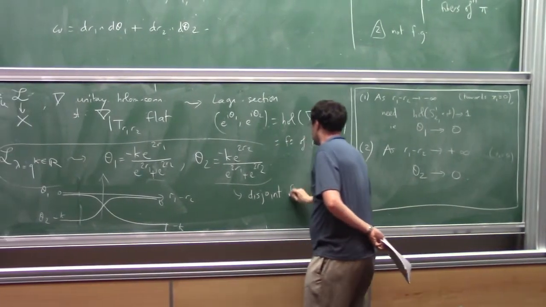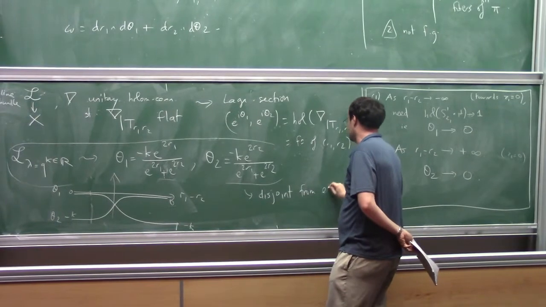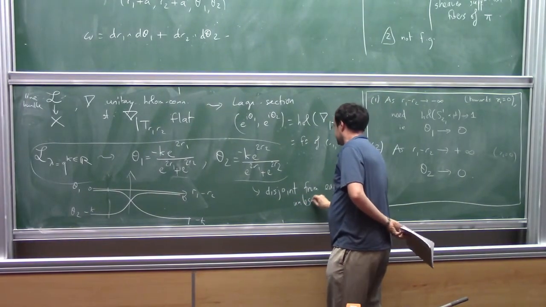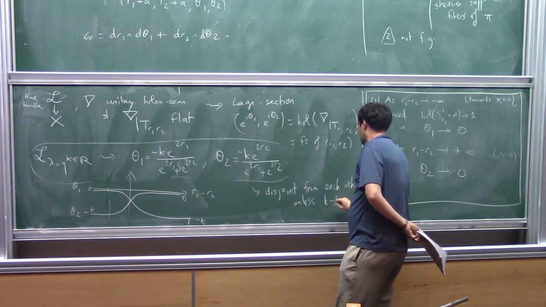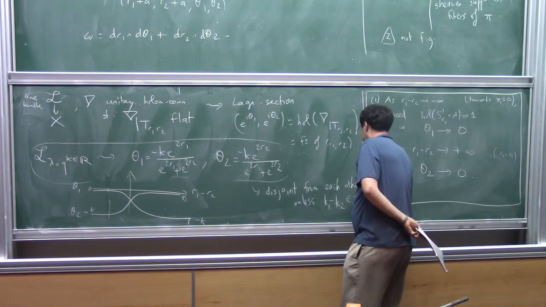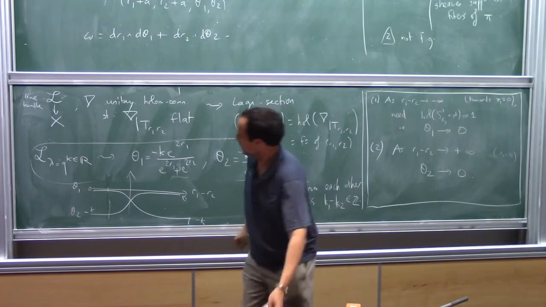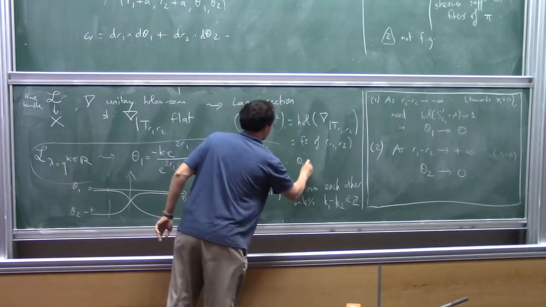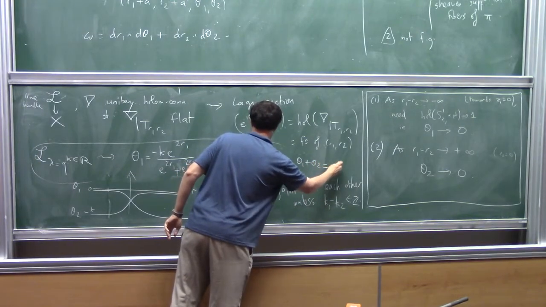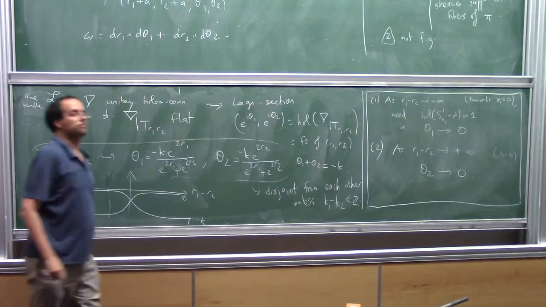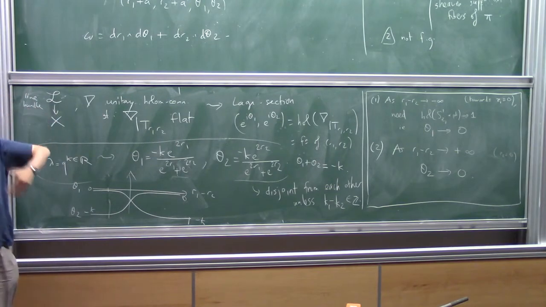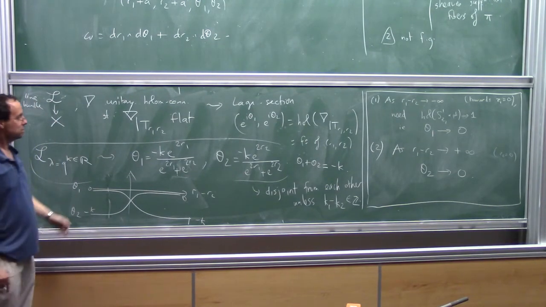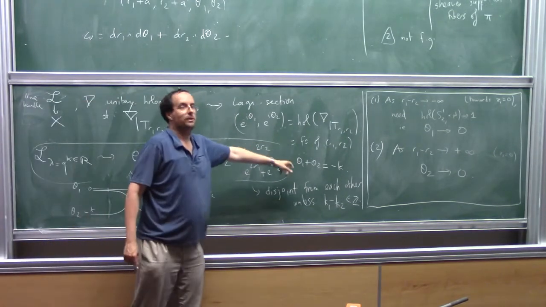This is disjoint from the zero section, or from each other, unless, say, the difference of the values of k's is an integer. Remember, here k was a real number. And the reason for that is, after all, this satisfies theta 1 plus theta 2 equals minus k. So if they live at different values, by projecting to theta 1 plus theta 2, you see right away that they cannot intersect unless the k's differ by integers.